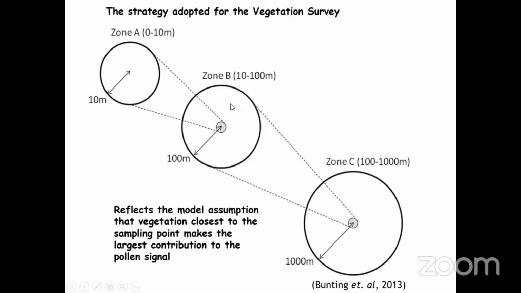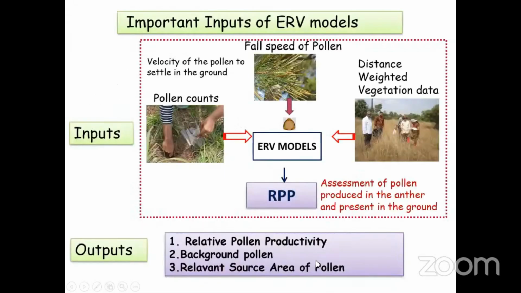And then we have a zone B, which is also surveyed in the field, by walking in transects and making quadrats whenever there is a change in the vegetation. The last part, which is going up to 1 kilometer, is done with remote sensing.